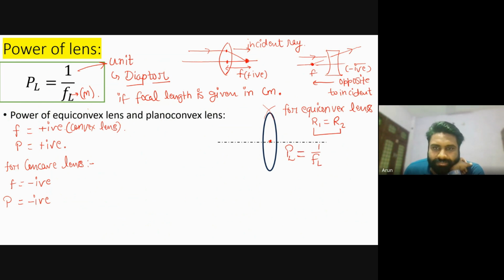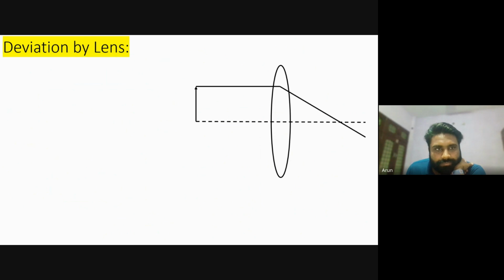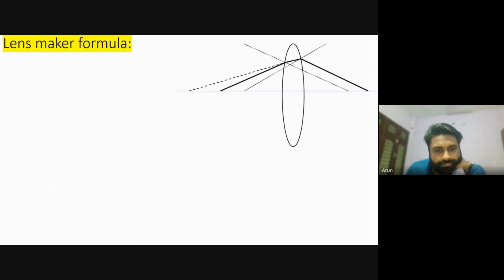You will see when we derive the lens maker formula, which is our next topic, how to find out this focal length FL. So firstly, we will see the lens maker formula.